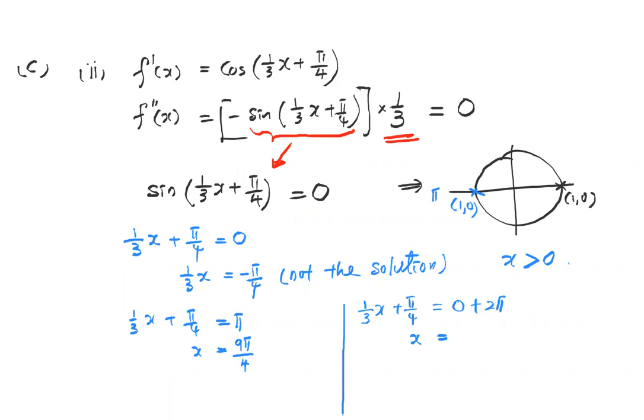So you get the inflection point, you put into your graphic calculator. You go to the value. You key in the value. 9 pi divided by 4. Okay. So I'm going to go back to my graph.